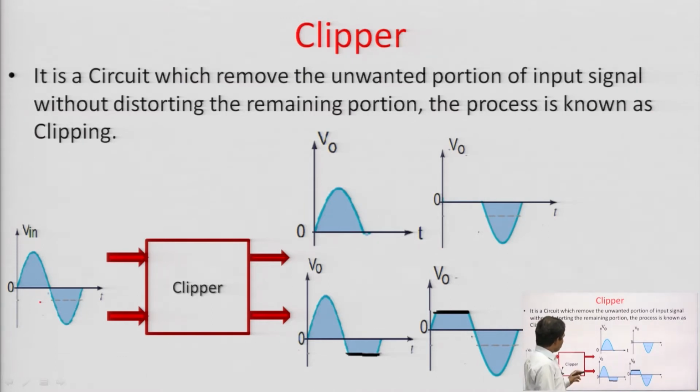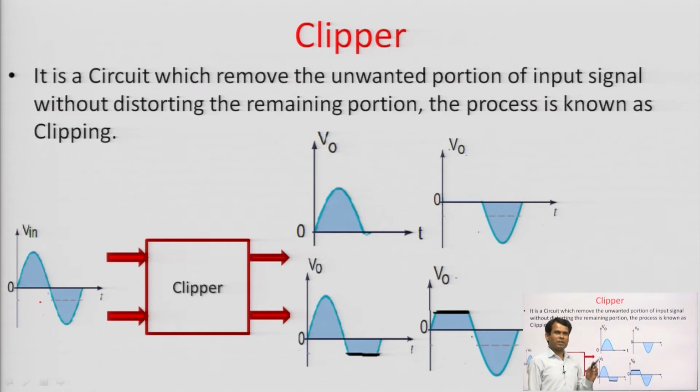This means we can see that in this waveform the negative half cycle has been removed, in this waveform the positive half cycle has been removed, in this one a partial negative portion has been removed, and here a partially positive portion has been removed, but the remaining portion is undistorted.